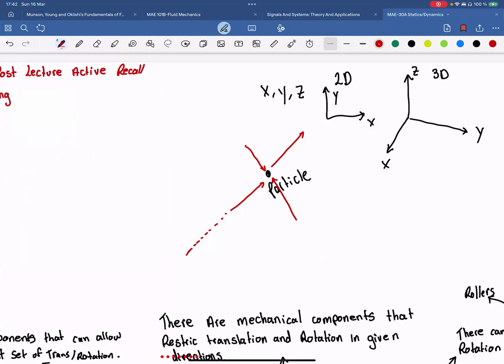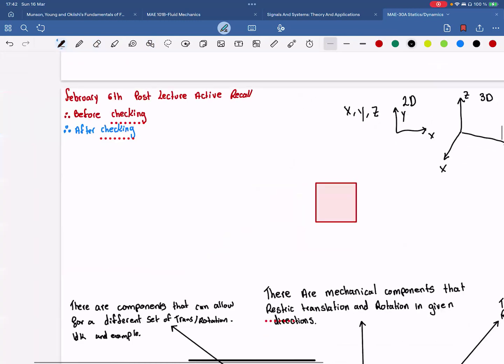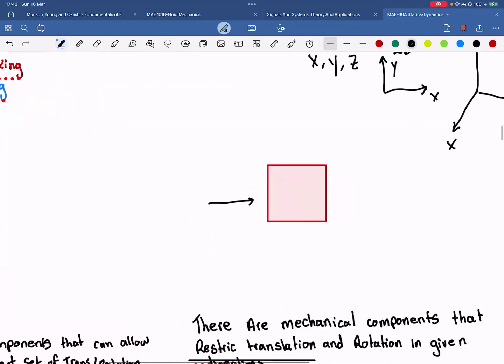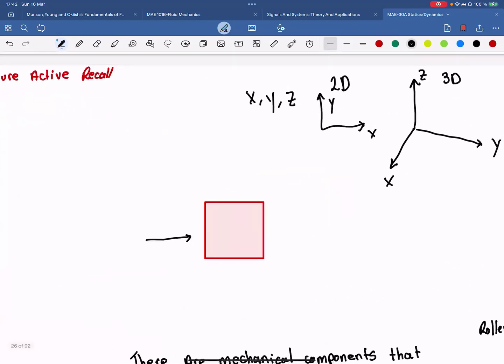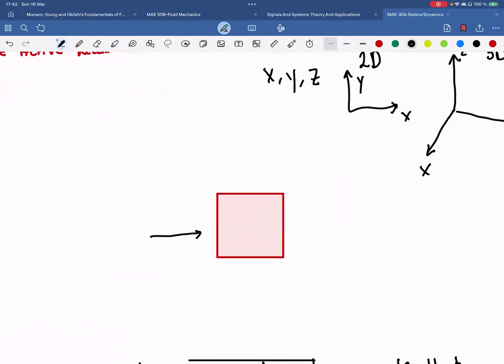That's for 2D and 3D particles, but we can also have the case in which we have a rigid body, something that doesn't deform. When a force acts on a body, there's a principle called the principle of transmissibility.